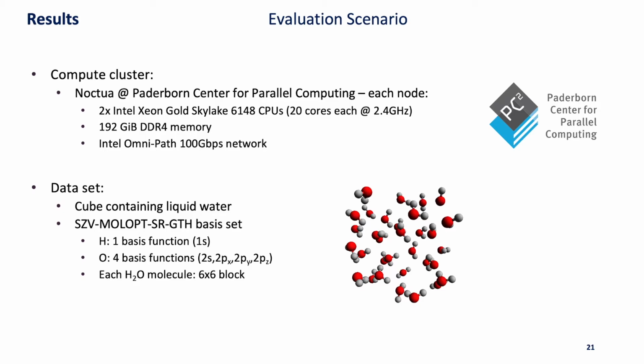And as a data set, we chose a cube containing liquid water, and we used a single zeta valence basis set, which is basically a minimal basis set with one basis function per hydrogen atom, 4 functions per oxygen, such that each of these water molecules will generate a 6x6 block in our Hamilton matrix.